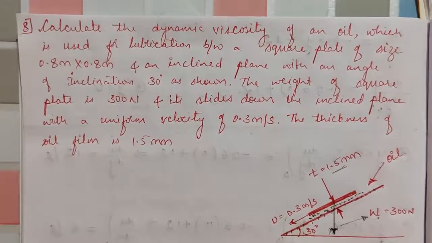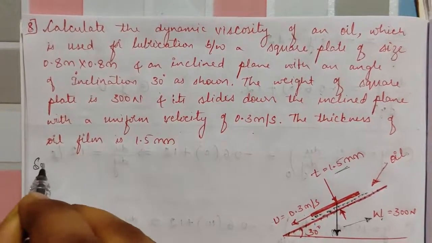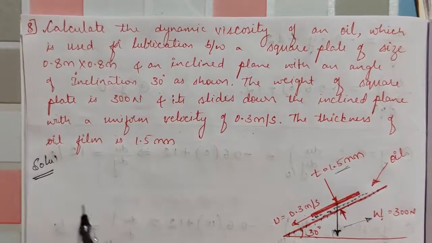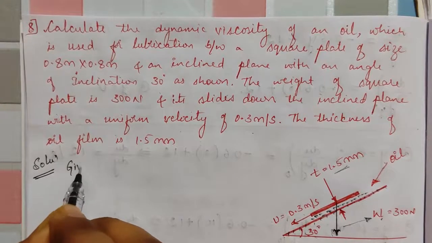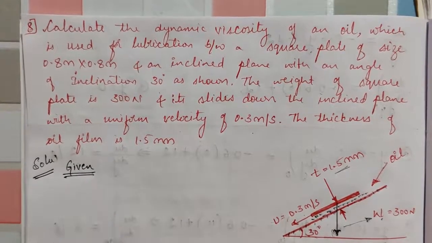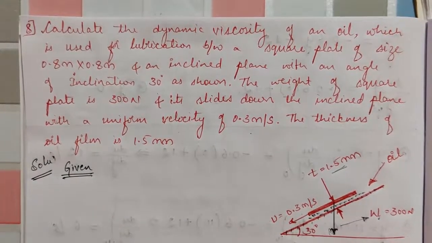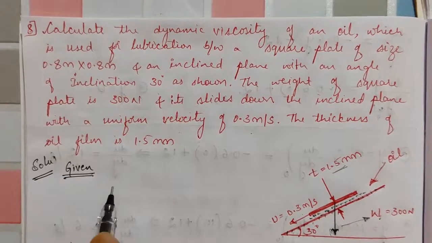I'll write down the solution now. First, we will note down the given. What are the given things? If you write down the given things, we can estimate what formulas we can use in this problem. So given, what is given?